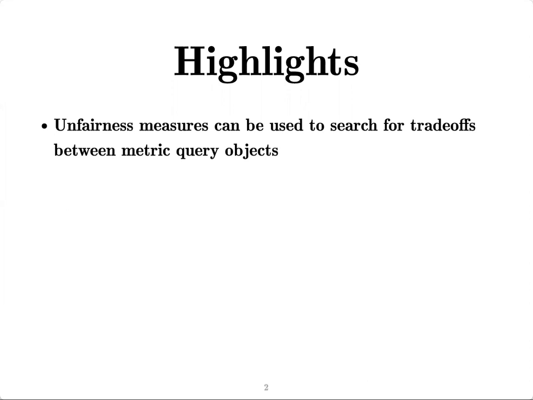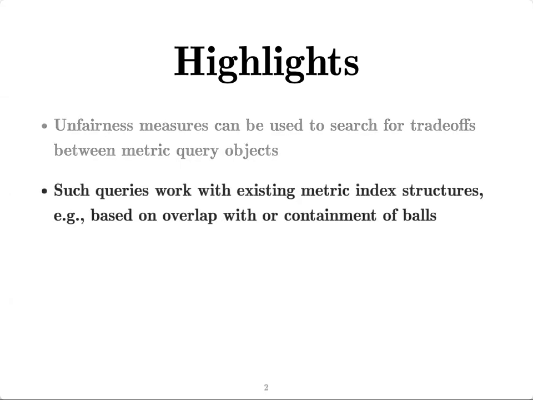So for example, if you are performing a metric similarity search using a metric index and you search for a human and a horse, you might end up with a human or a horse, but maybe what you want is some combination like a centaur. And in this case, you might want some kind of combination that forces this kind of trade-off. And this is what we do with these fairness or unfairness measures.